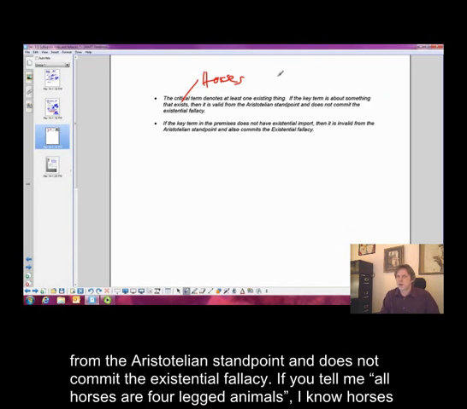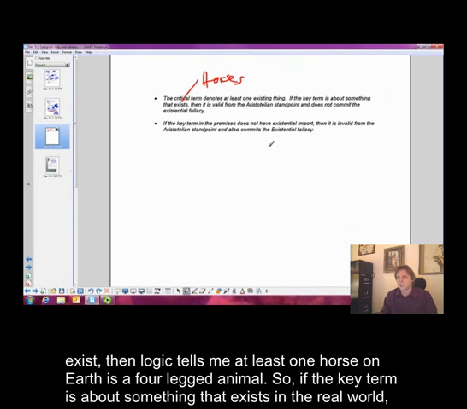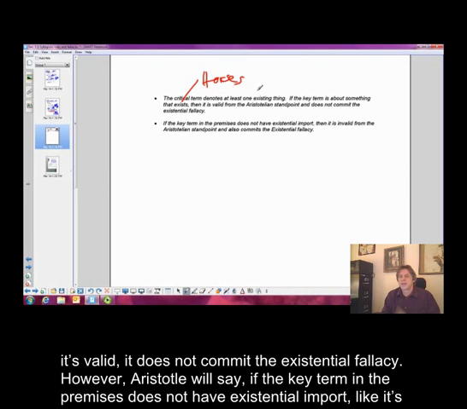If you tell me all horses are 4-legged animals, I know horses exist, then logic tells me at least one horse on earth is a 4-legged animal, right? So if the key term is about something that exists in the real world, it's valid. It does not commit the existential fallacy.